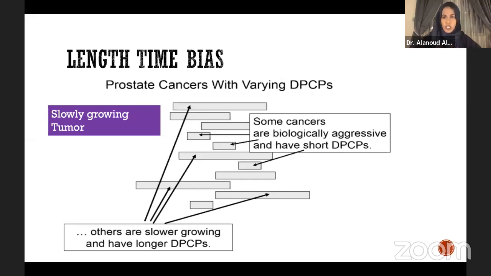And as you know, prevalence is a function of incidence and duration. So the more the duration with disease, like a slow growing tumor, the more the prevalence would increase. So we will be able to detect them.